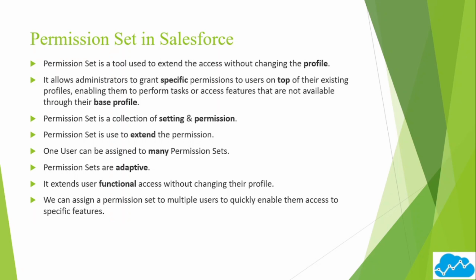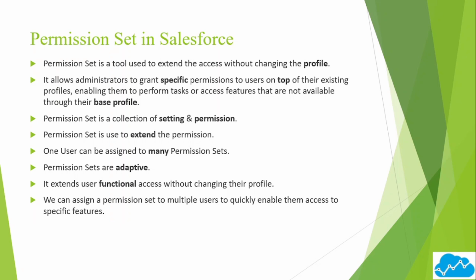that are provided in the profile. Suppose there is read access for a particular object, and among those 10 users, one user needs to create a particular record on that object.